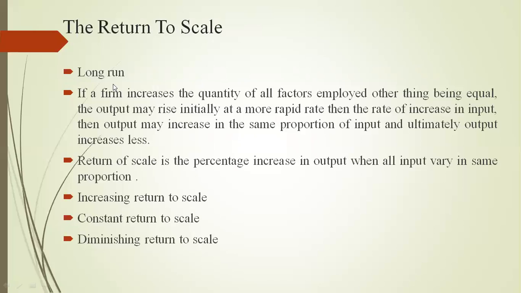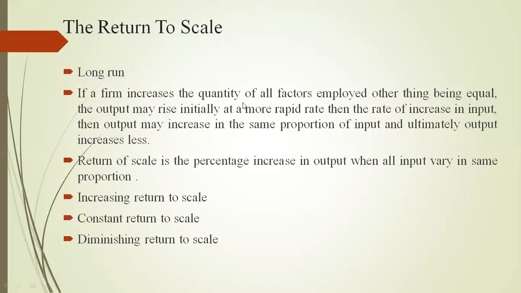Long run means when we have freedom to increase our capital, as well as freedom to increase our labor, when we can expand our business in the long run. Where we can develop more buildings, we can utilize more machineries. We can install new production units. So long term is the time when we have freedom to make alterations in our production units.